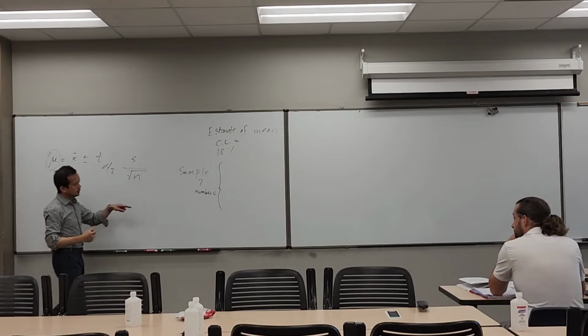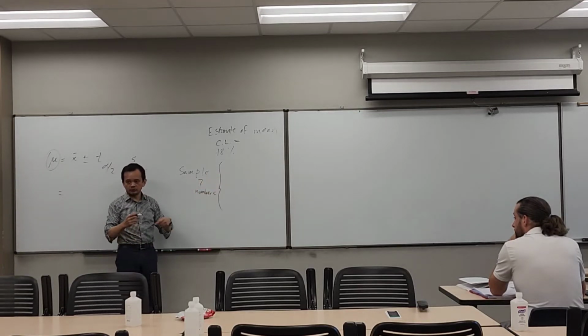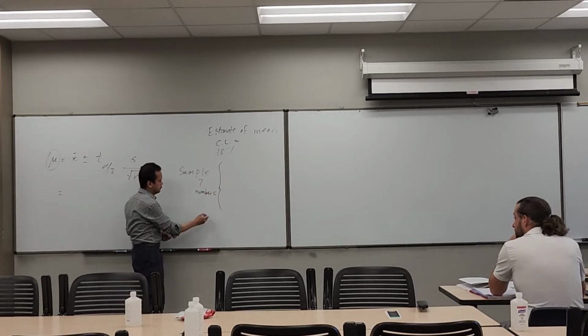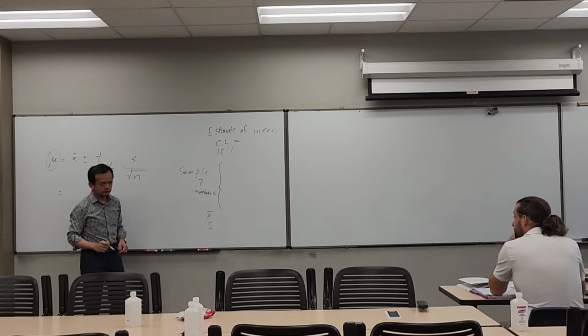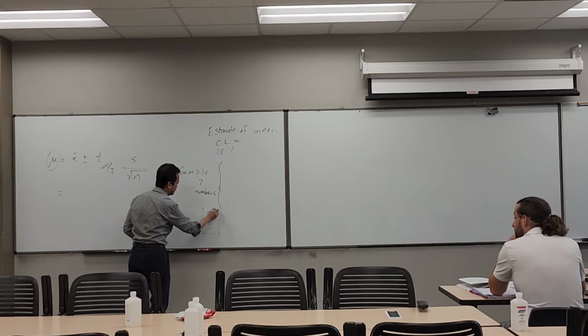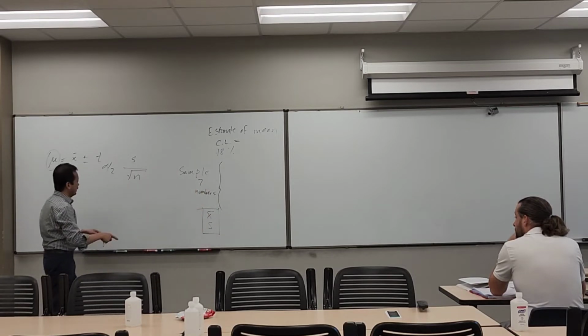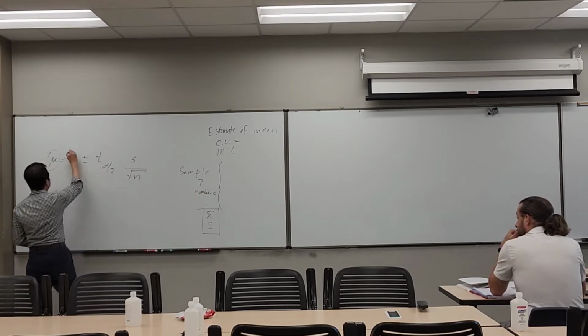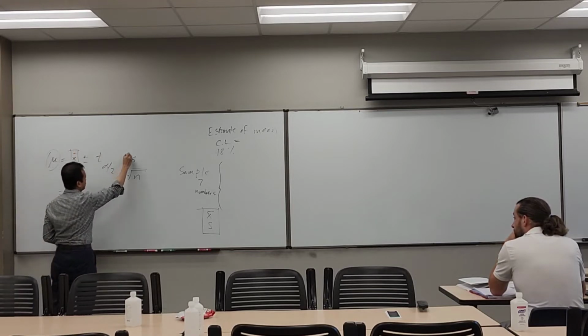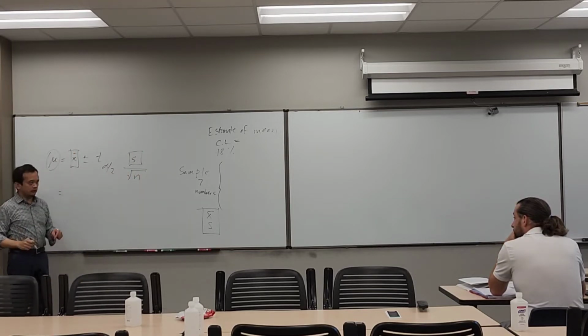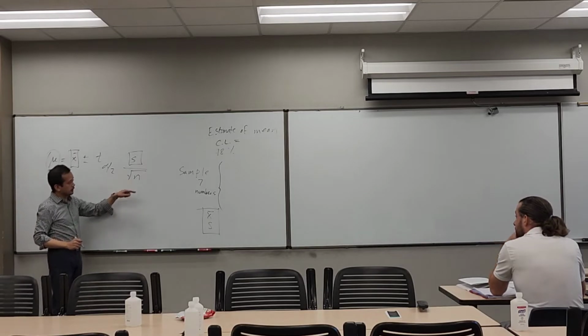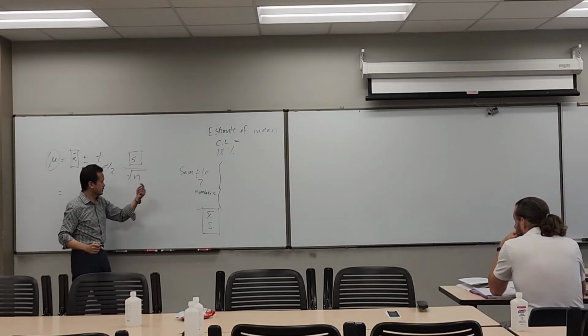So you punch these 7 numbers into your calculator, and it gives you a sample mean and a sample standard deviation. That X bar goes here in the formula, and the S goes here. And n is the sample size, which is 7.